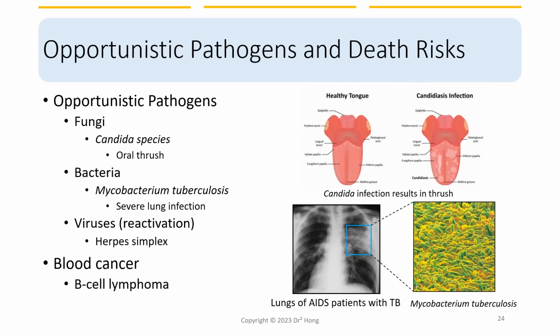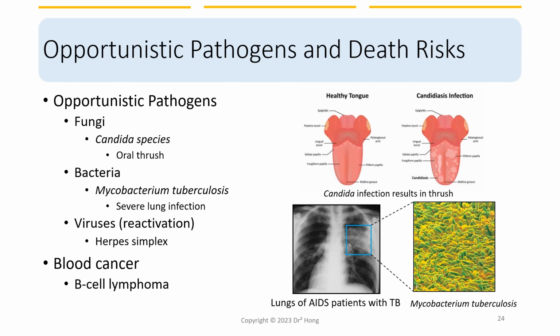Opportunistic pathogens can increase the risk of death of individuals with AIDS. Fungi, such as Candida species, can cause oral thrush, a common opportunistic infection in people with AIDS. Bacteria, like Mycobacterium tuberculosis, can cause severe lung infection in AIDS patients. Reactivations of viruses like herpes simplex can also occur in individuals with AIDS, leading to painful lesions on the skin and mucosal membranes.